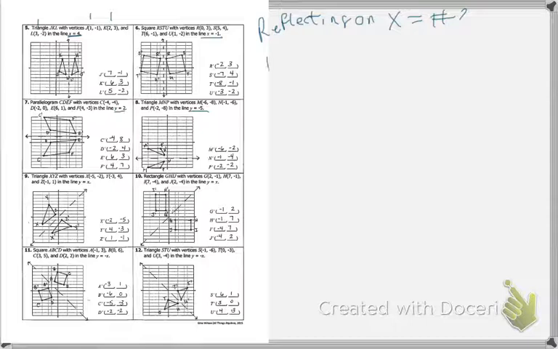So, first step, well, first of all, your y values remain the same.